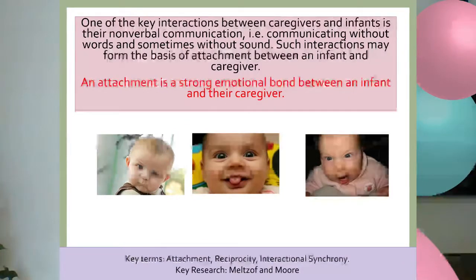You need to have a definition of attachment, and you need to know that an attachment is a strong emotional bond. That's key. It has to be strong and it has to be emotional. That's the key thing for you to remember here. So you can write that definition down. You'll see some images as well of some different non-verbal communication from infants. Babies are very expressive with their faces because this is one of their key methods of communication.